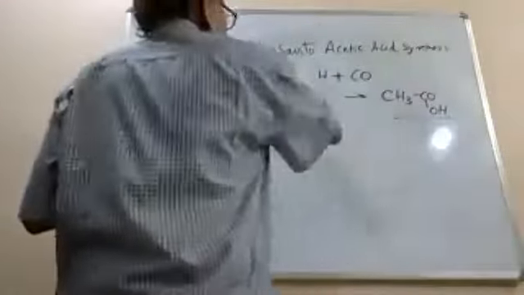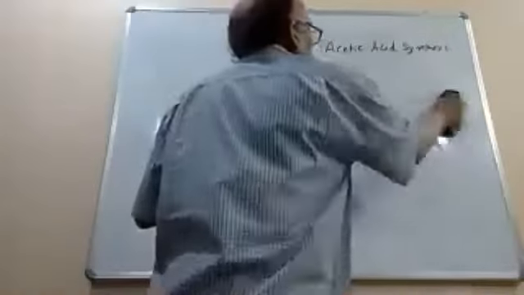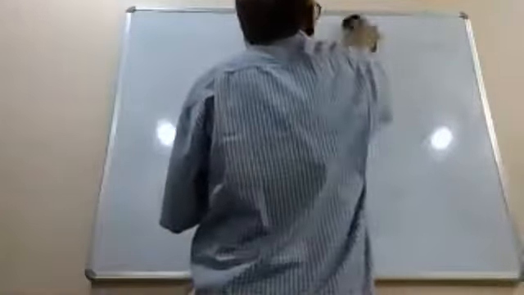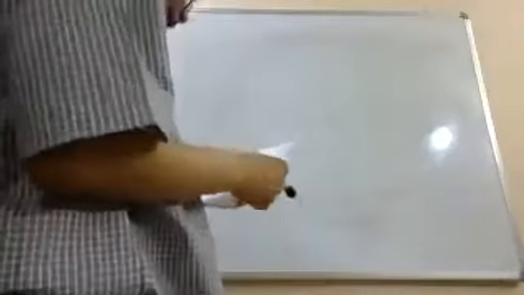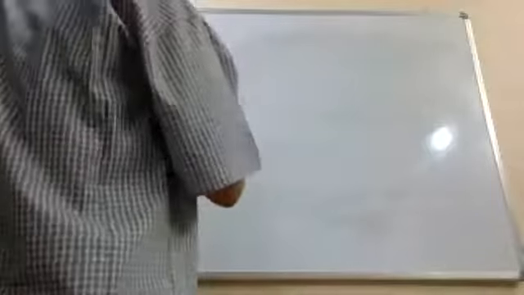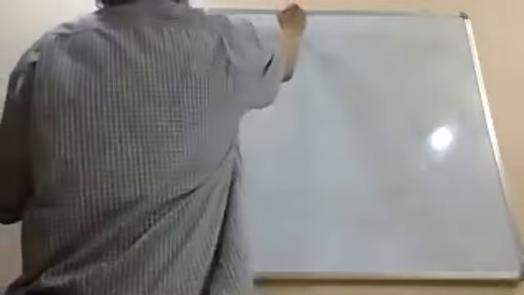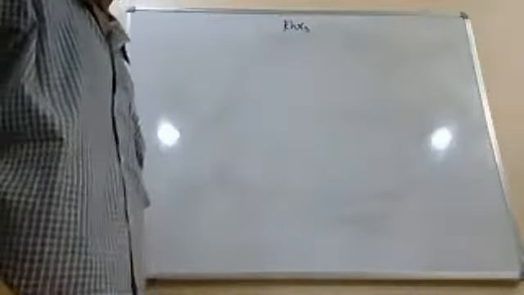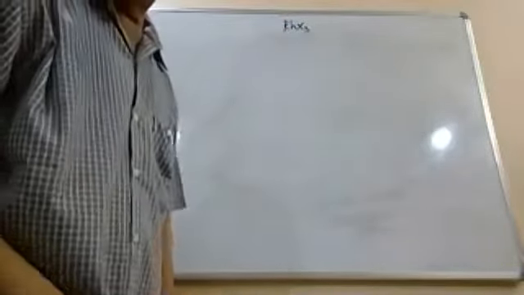All right, so let's start with the process here. We take what we call catalyst precursors. First, we take a rhodium salt, rhodium-3 halide, where X could be chloride, bromide, or iodide.